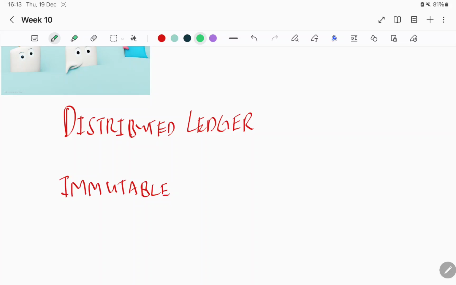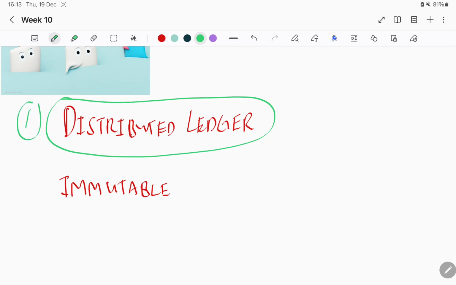It means that a transaction that has been created can be stored in any place. Anyone holding this information cannot change it. That's the first characteristic. Distributable ledger means it can be stored in any place.